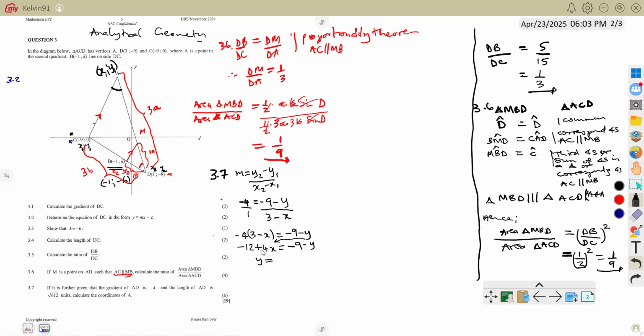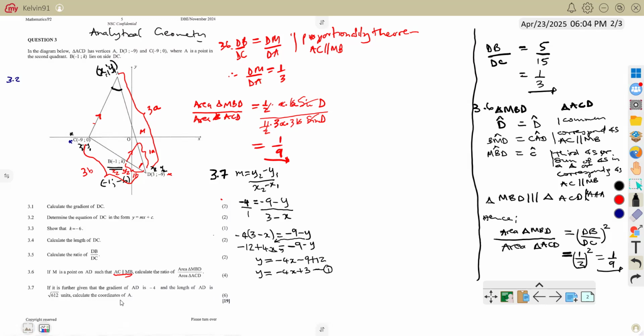Take the x to this side, so we have negative 4x, we have a negative 9, and take the 12 to that side, it's a positive 12. So our y is equal to negative 4x plus 3. This becomes equation 1.